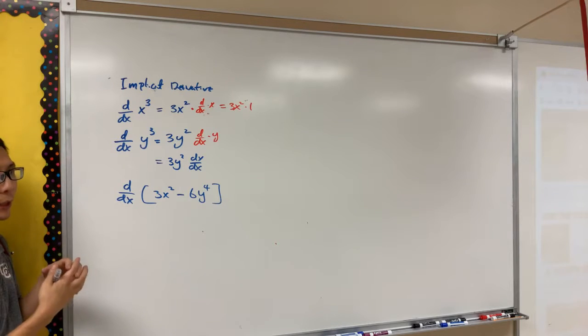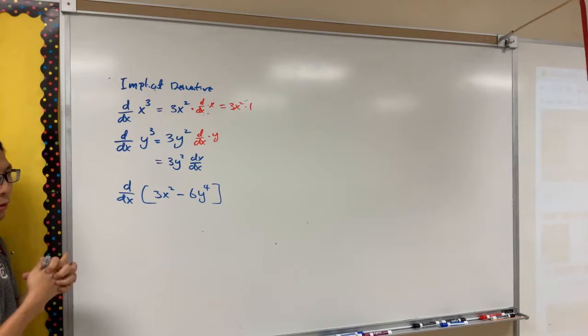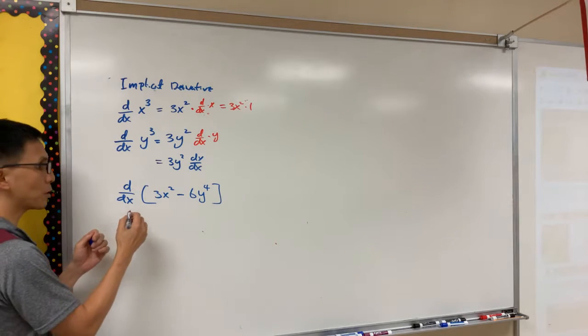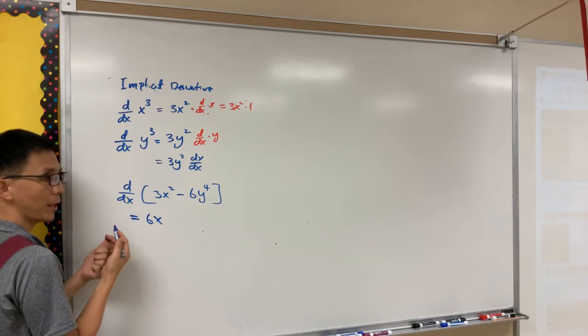In the next section, we're going to take derivatives with respect to angle, area, volumes, height, all kinds of stuff. So only y is going to create a dy/dx. So what's the derivative of 3x squared? 6x. Yeah, that was fairly easy, right?